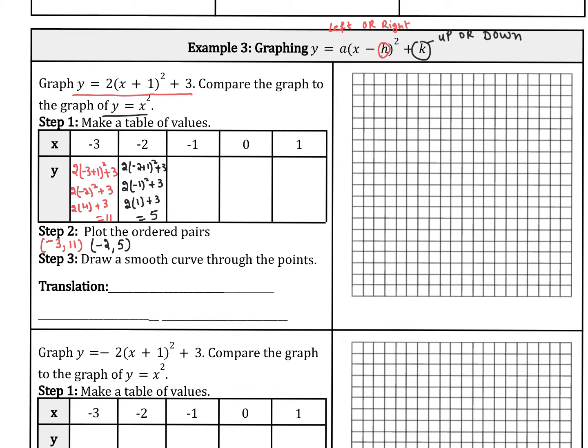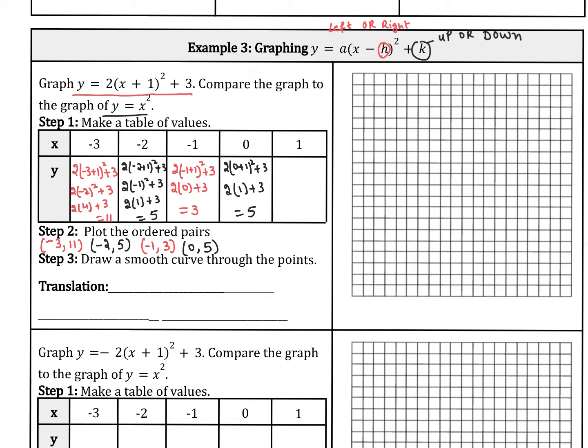The next one is 2 times (-1 plus 1) squared plus 3. 2 times 0 plus 3 is going to give me 3. Point is -1 comma 3. Next I'm using 0, so 2 times (0 plus 1) squared plus 3, and that's 2 times 1 plus 3, which is 5, 0 comma 5.